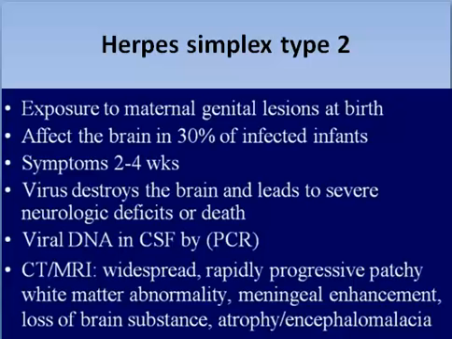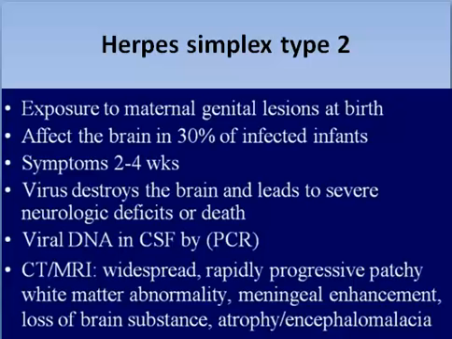The virus destroys the brain and leads to severe neurological deficits or death. CT and MRI show widespread, rapidly progressive patchy white matter abnormality, linear enhancement, loss of brain parenchyma, atrophy, encephalomalacia.